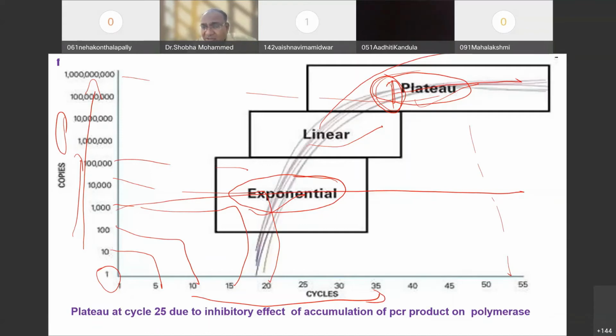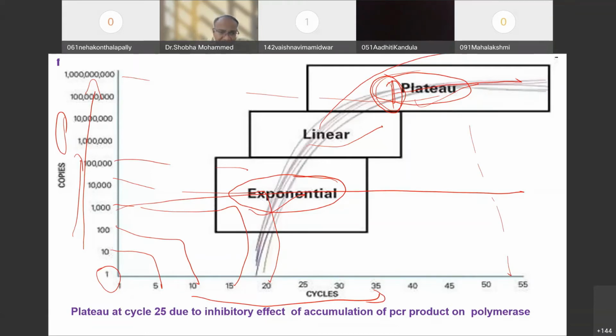When there is an increase, it gives you a linear phase. When the quantification is over, it gives me a plateau phase. This is the basics I'm teaching you, so that you'll be able to analyze the graph provided to us with this qPCR testing.